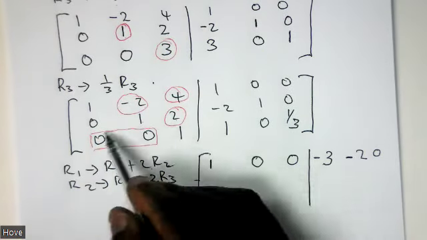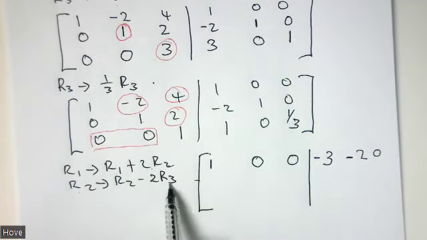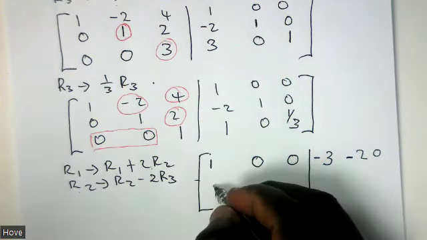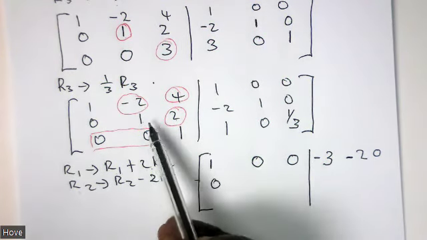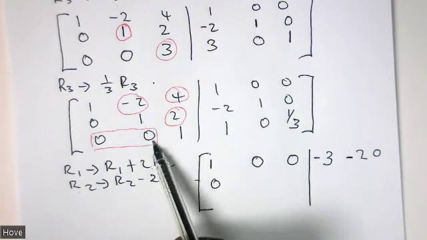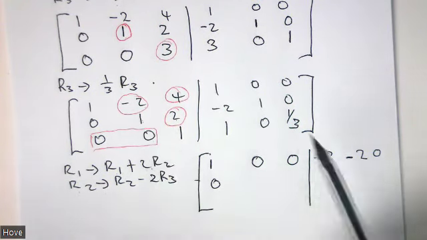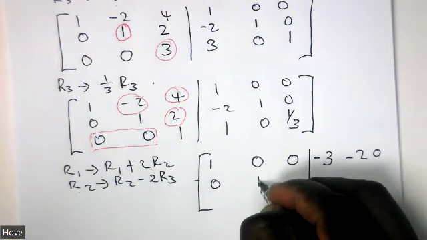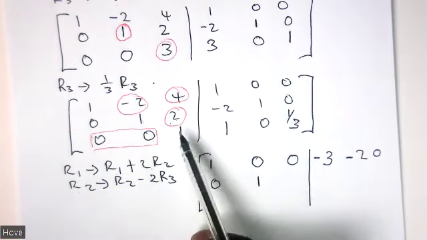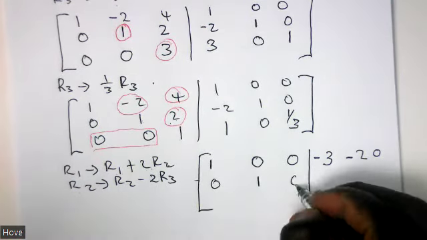Then row 2 goes to row 2 minus 2 row 3. This is 0, 1 minus 2 times 0 is 1, 2 minus 2 times 2 is 0.